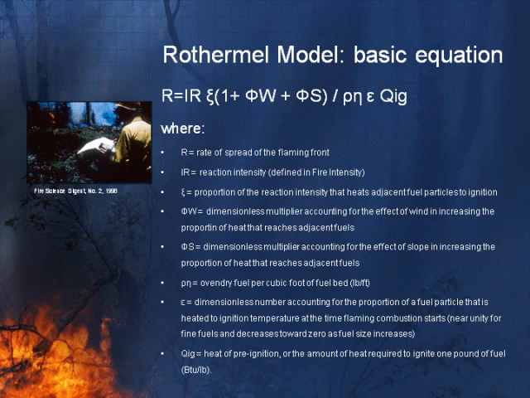So you're dealing with almost a surface roughness. Fuel can be a log, which is a large sized bit of fuel. But at the other end of the spectrum, the fine fuels are your particles, where underbrush has been dried for so long it starts to disintegrate and almost turn into a powder. That's your fine fuel. And then QIG, the heat of pre-ignition.